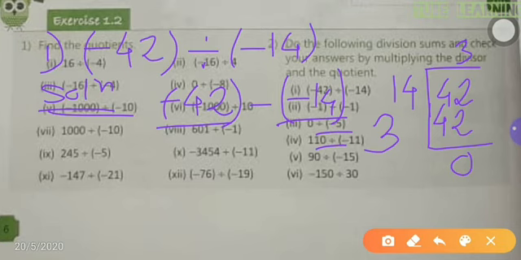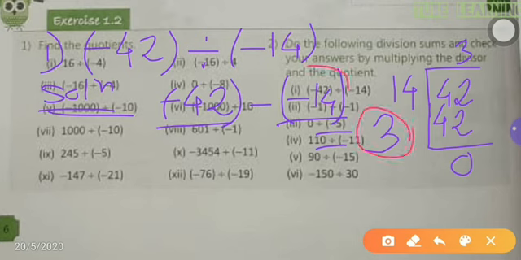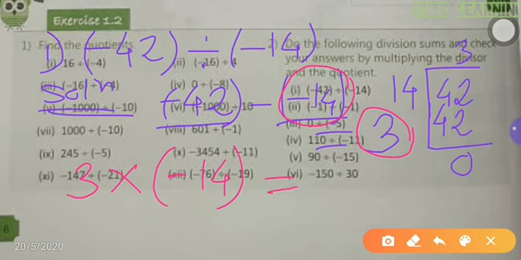Now what we have to do is check. This quotient and this divisor we have to multiply, to check whether we will get the dividend or not. Quotient is 3, into divisor minus 14. 3 into minus 14, what? 3 is positive, into negative.